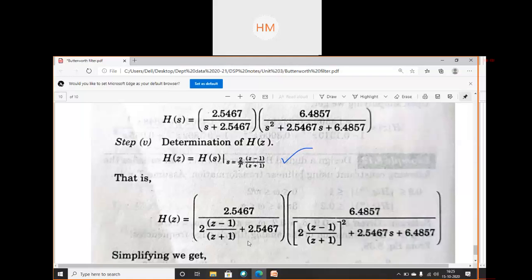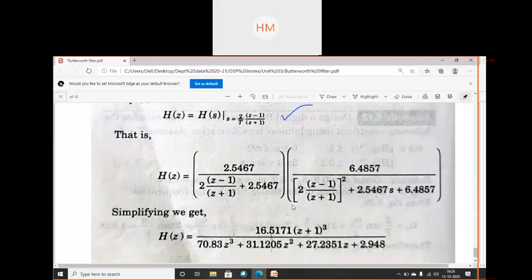Is it clear? What happened, Aditi? Okay, so simplifying this equation, you should get this equation. So please check whether you are getting this or not.